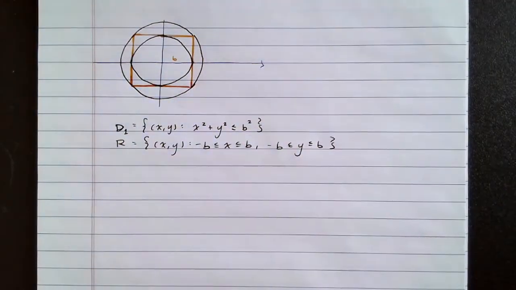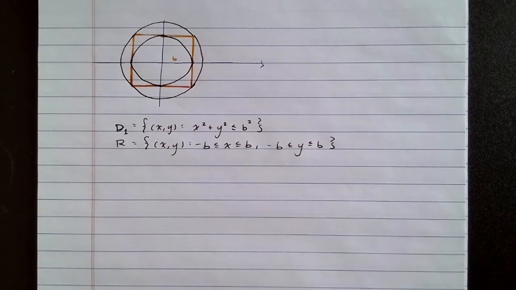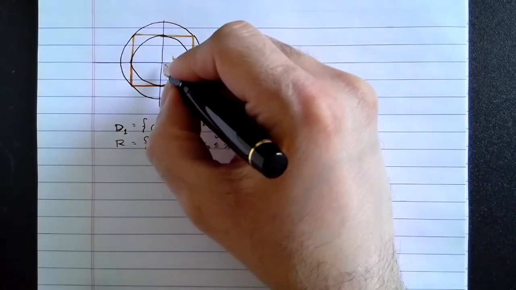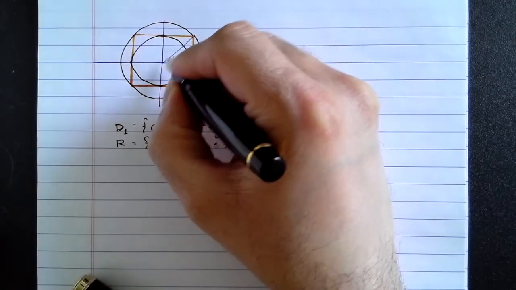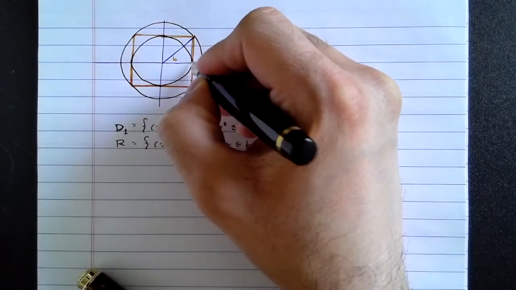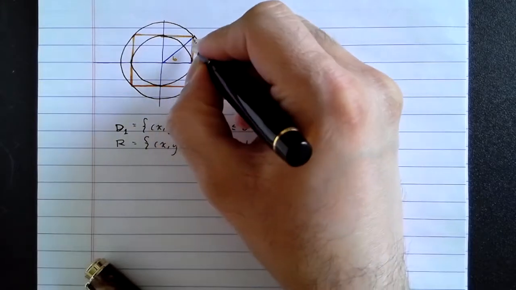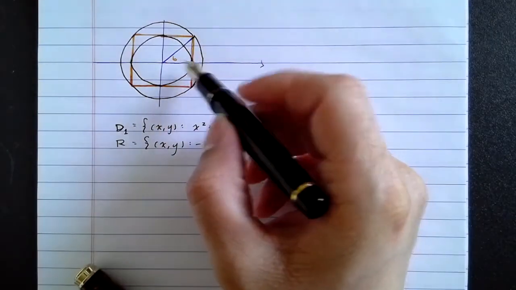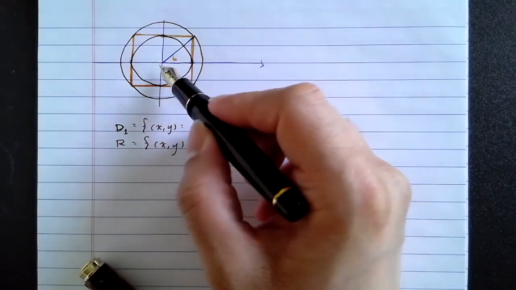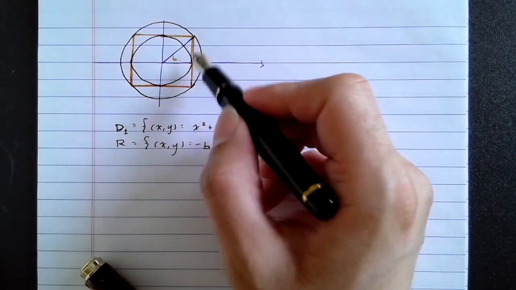Now for the outer circle, what you want to see is that its radius is the square root of 2 times b, because this is a nice right triangle with side lengths b and b.